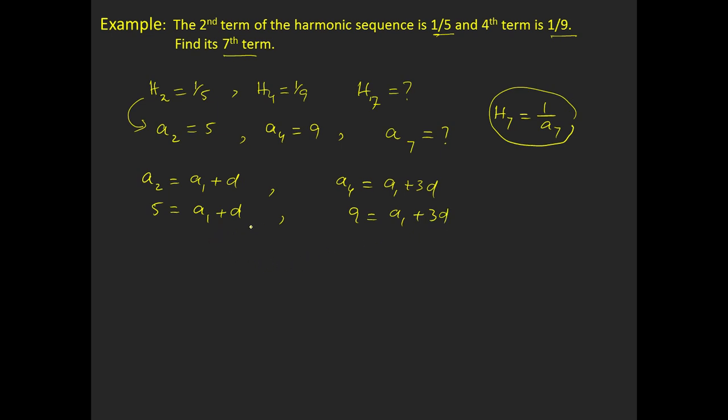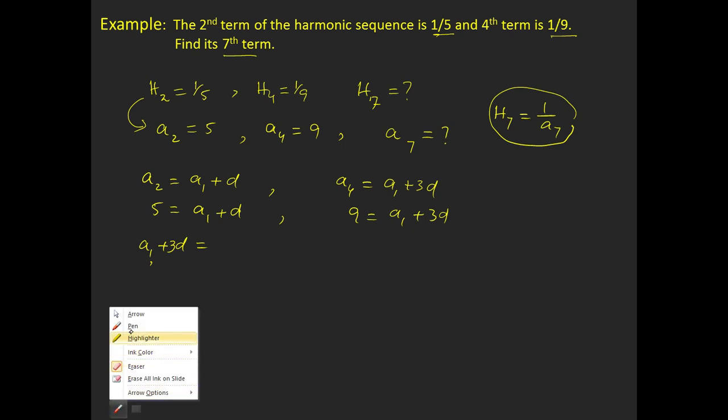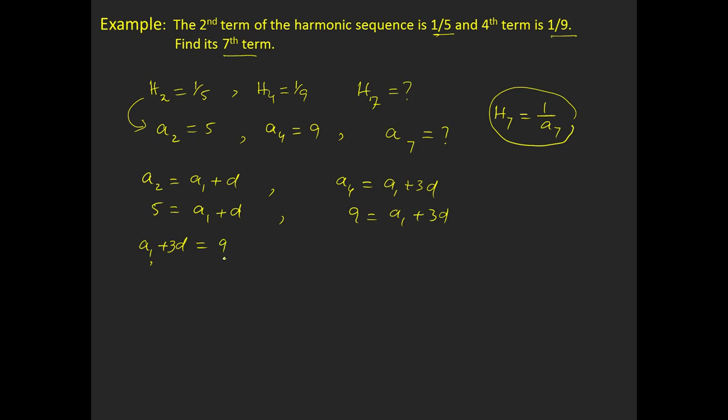So in this way we are getting two simultaneous linear equations. A1 plus 3d, we will first write this. A1 plus 3d is equal to 9, and second is A1 plus d is equal to 5.